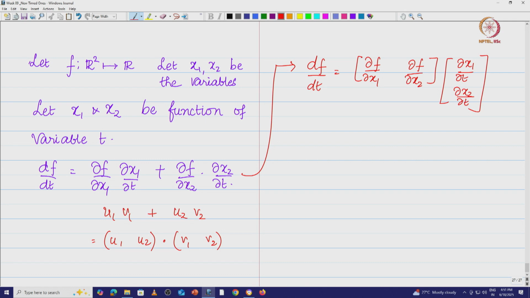Let us take an example here. Let me take f of x1 comma x2 is equal to x1 cube plus 2 x2 squared, and let us take x1 to be equal to t and x2 to be equal to t cube plus 3t square.